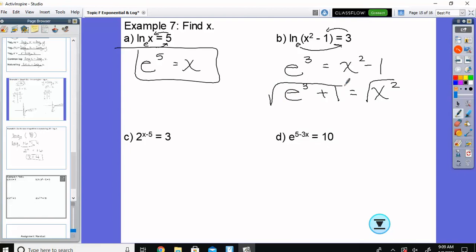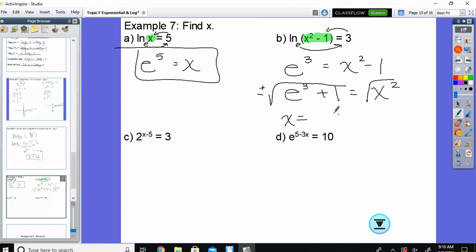Couple things to mention here. If you add a square root, what do you have to have? Okay. With logs, the argument always has to be positive. I think we touched on that one when we did our domains in the previous section. But since I'm going to have x squared minus 1, if I square it, does it matter whether it was a positive or a negative to start with?